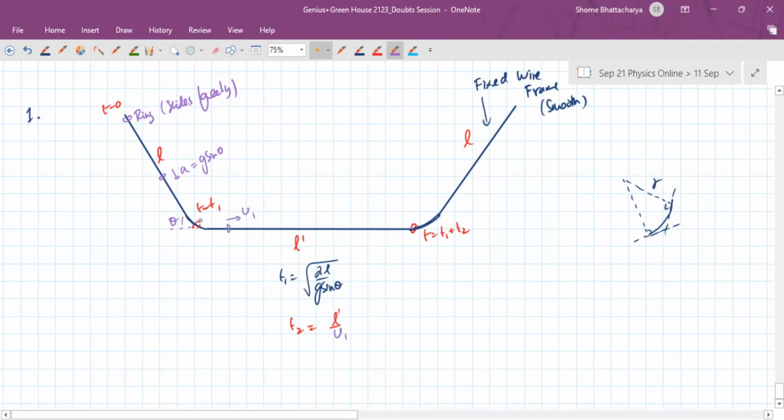That V1 is more or less the same speed as it has here. So V1 is equal to how much? It is root 2 G sine theta into L.